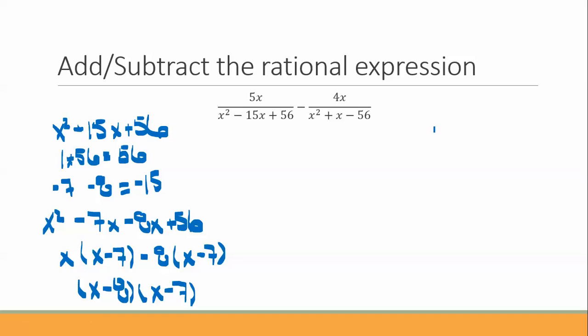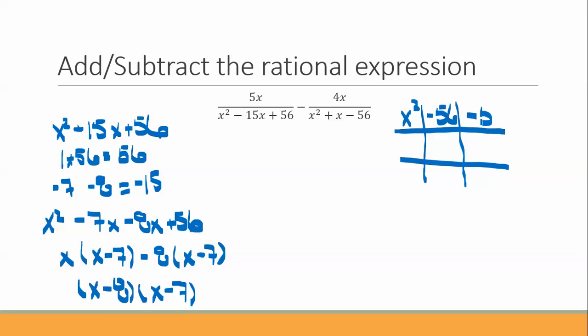The second denominator I will do using tic-tac-toe, just so we keep seeing different methods. We have x squared and minus 56, so multiplying those two together is minus 56x. And we want it to add to x.